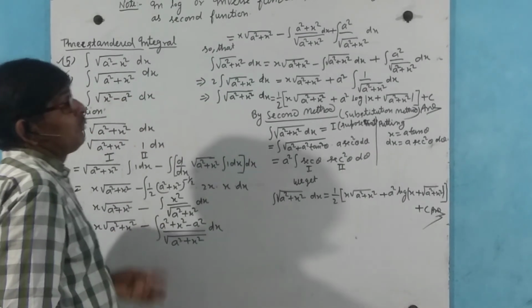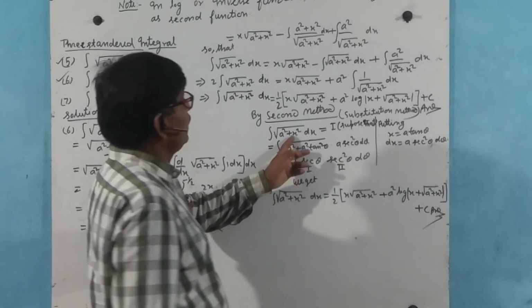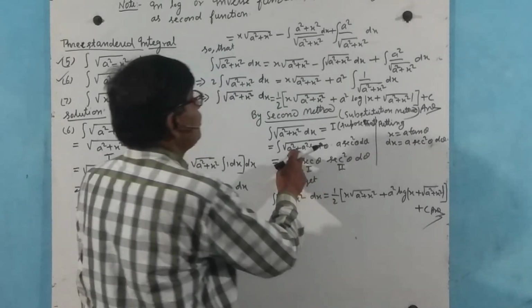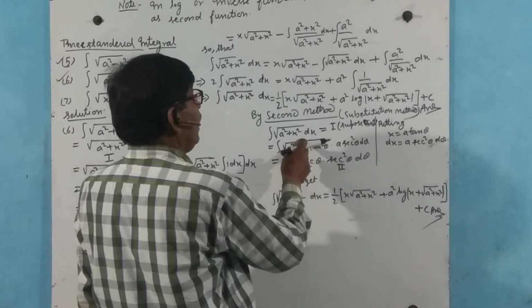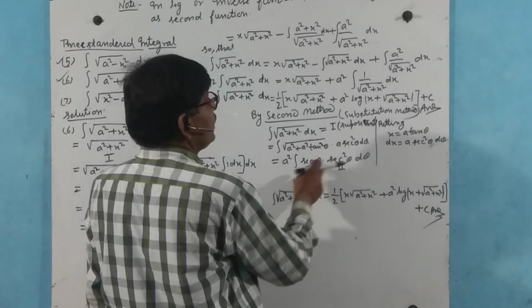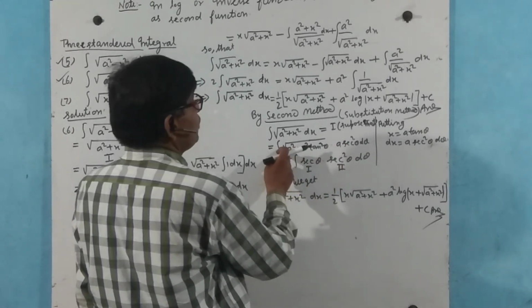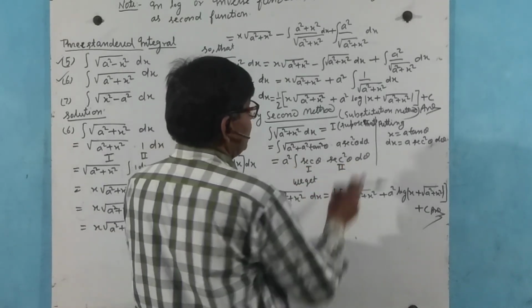Now by the substitution method, if x is equal to a tan theta, so that dx is equal to a sec square theta d theta, putting 1 plus tan square theta equal to sec square theta, and under root, so that sec theta, this is a sec theta, a, and here comes a square, integration of sec square theta.